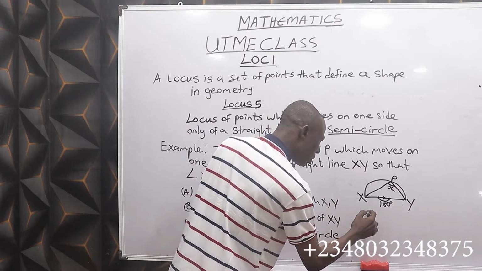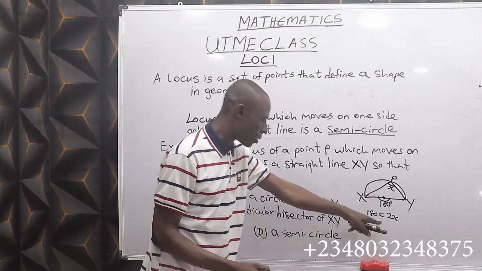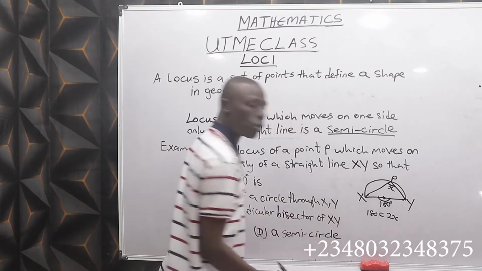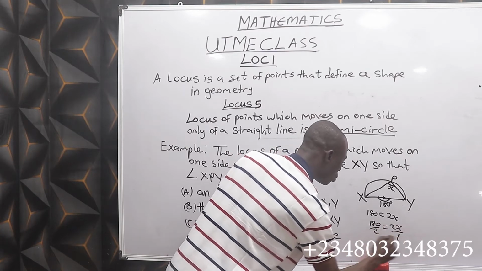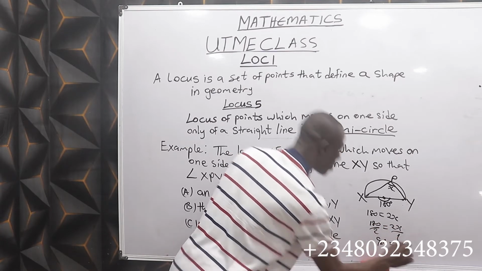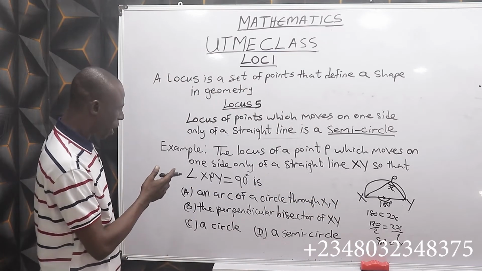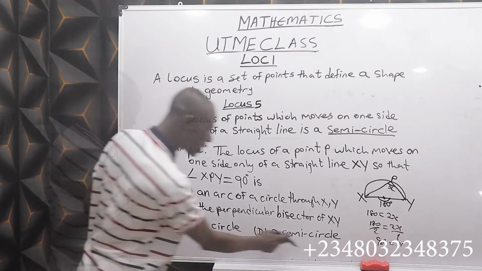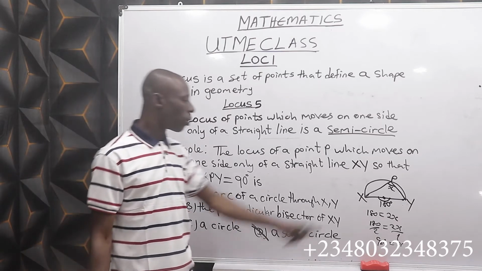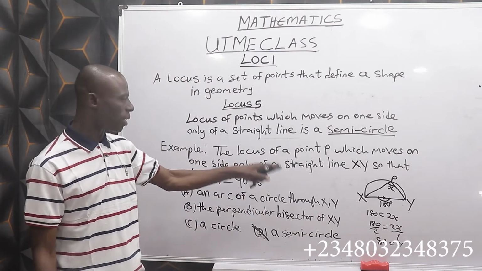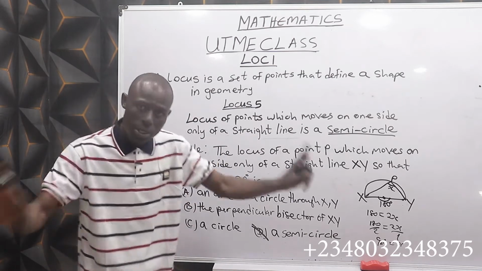Meaning that 180 equals 2x. Then divide both sides by 2. We have 180 divided by 2 equals 2x divided by 2. So 90 degrees equals x. So the angle in a semicircle is 90 degrees. So the correct option here is a semicircle, option D. Anywhere you see something like that, that a point moves on one side only, it forms a semicircle.